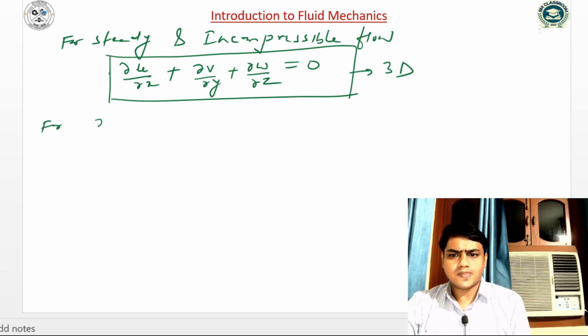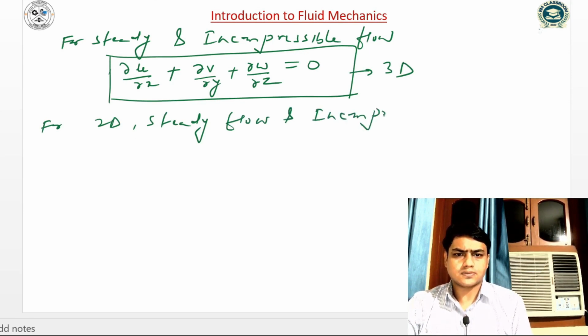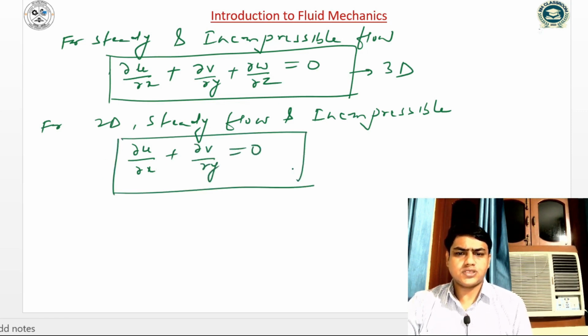For two-dimensional steady and incompressible flow, we can write del u by del x plus del v by del y is equal to 0. So these are the various forms of continuity equation we have discussed.